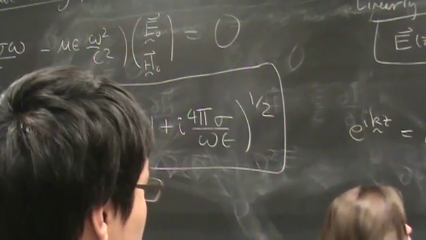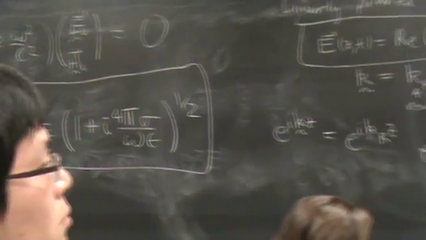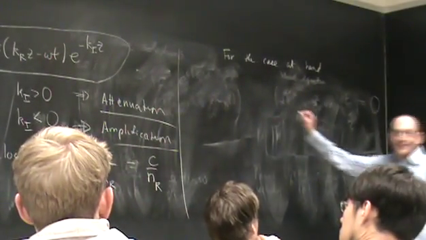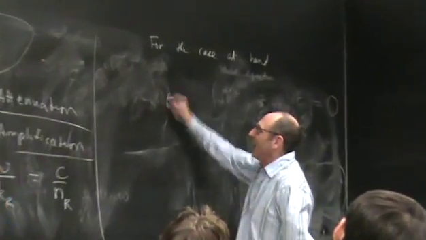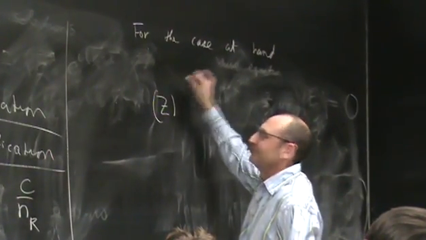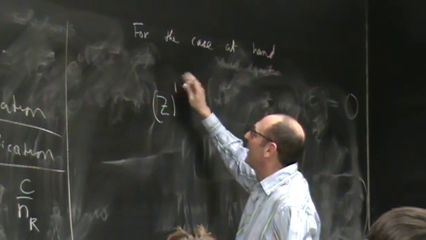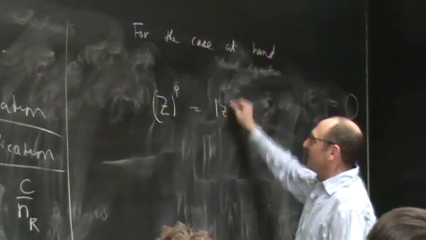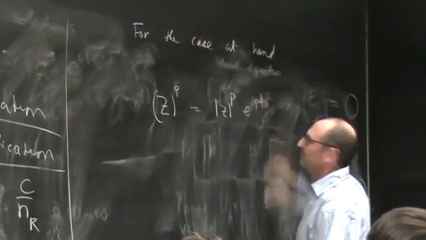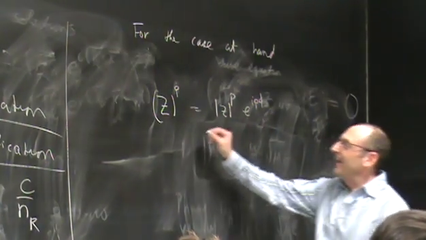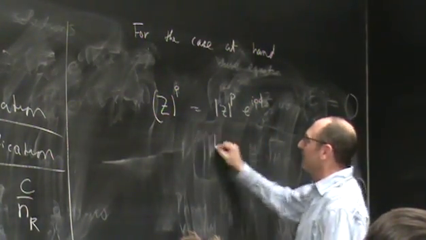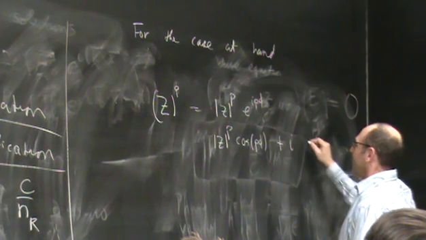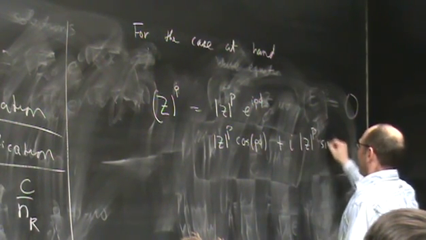To take an exponent of a complex number, you write it in terms of amplitude and phase. Always. Okay? So if I have a complex number z, and I want to know what it is to some power, name a letter, p, I write this as the magnitude to the p, e to the i p phi. And then the real and imaginary parts of this are the cosine of p phi plus i, the magnitude of z to the p, sine of p phi.